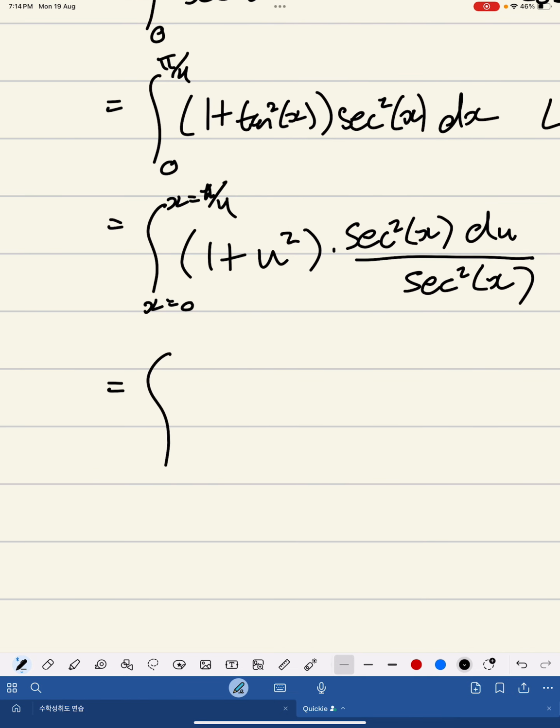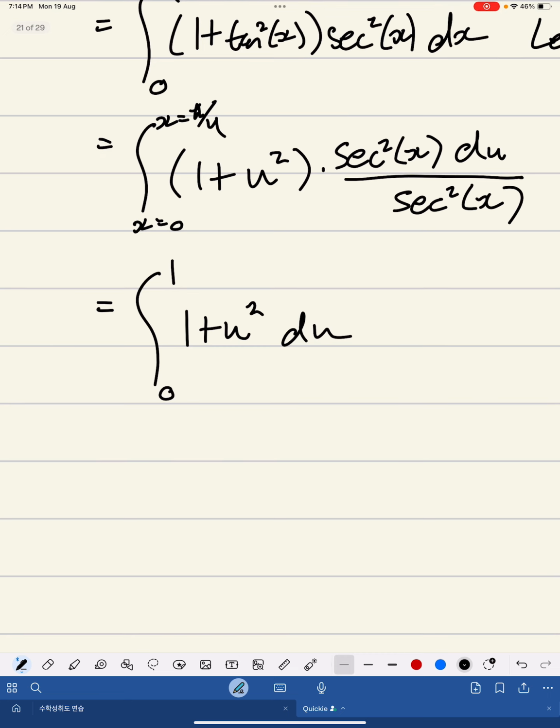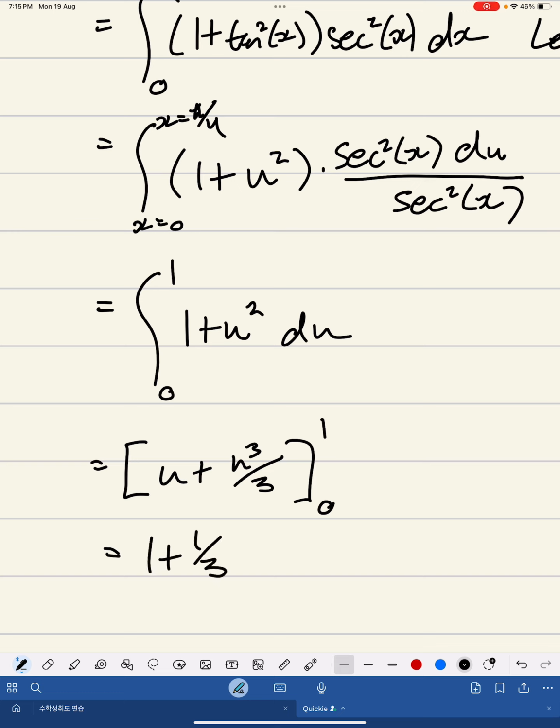So we can change the boundaries of the definite integral to u equals 0 to u equals 1 of 1 plus u squared du, since sec squared cancels out. Now we know how to do this one. This is just u plus u cubed over 3 from 0 to 1, which is 1 plus 1 over 3, which is 4 over 3.